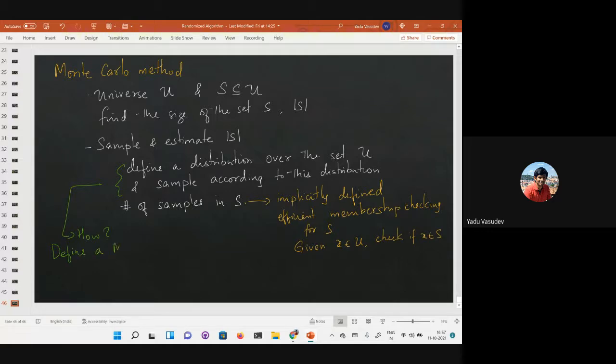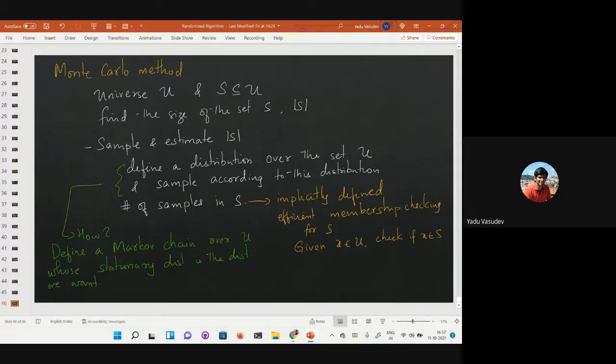a Markov chain over U whose stationary distribution is the distribution that we want. You try to do this, and then you run this Markov chain.